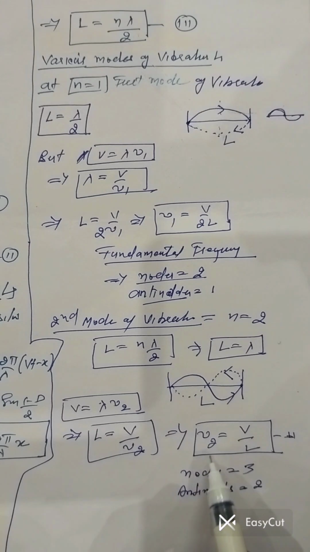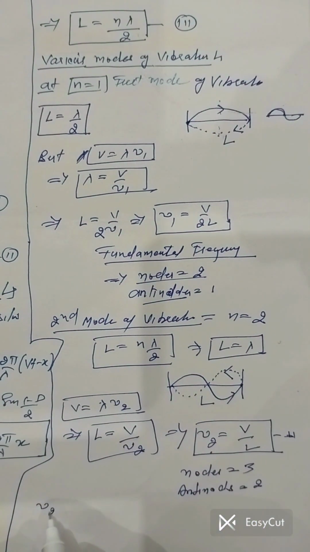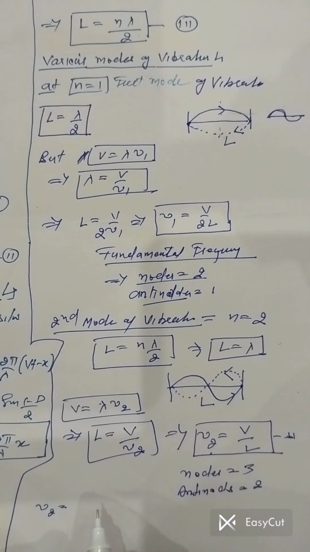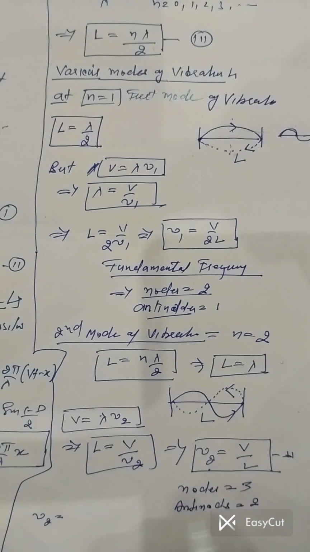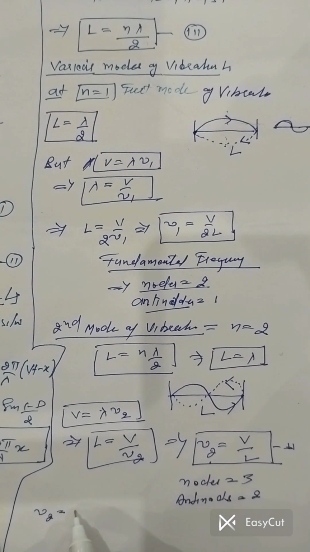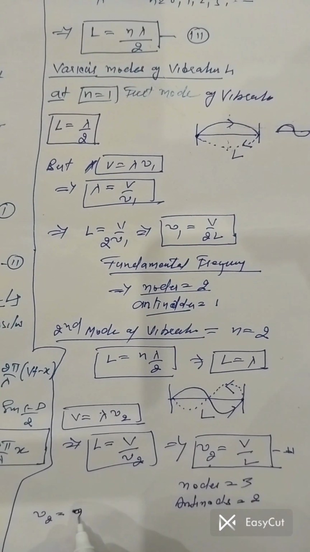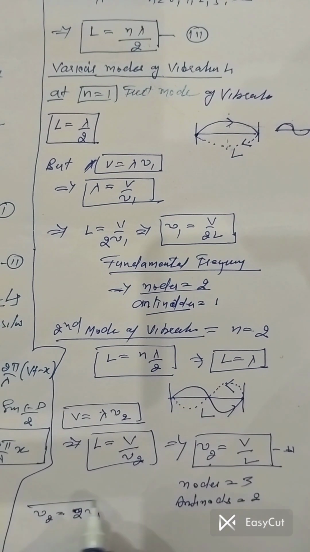And if you compare it with the first mode, then you find that nu 2 is equal to 2 into nu 1.